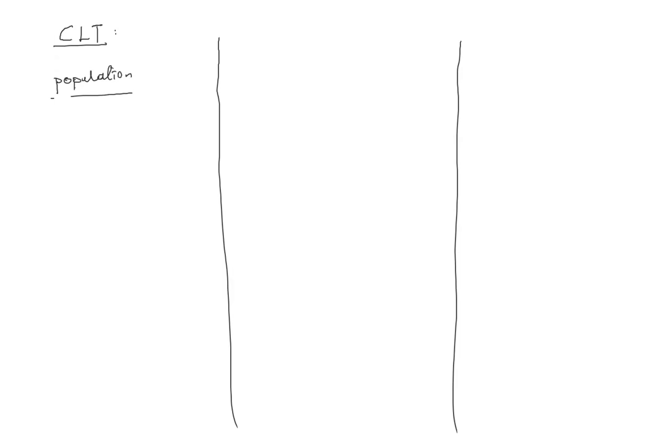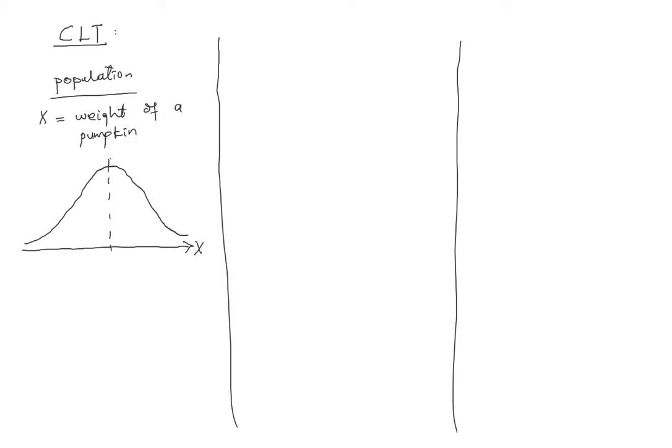Okay, I'm talking about X, the weight of the pumpkin. We take this situation. We could assume X is normally distributed, but maybe we take one that is not, so that you won't get confused with the other one.